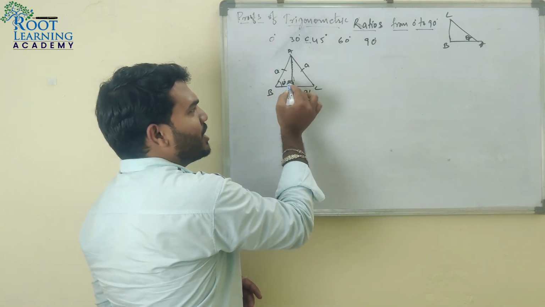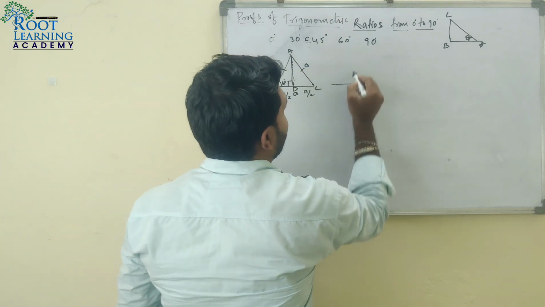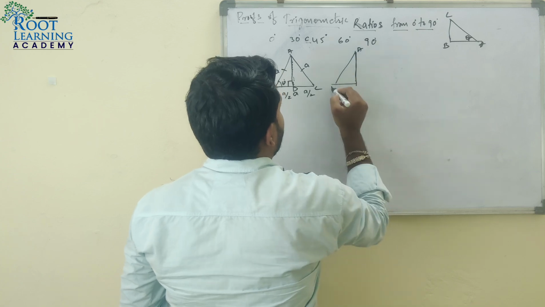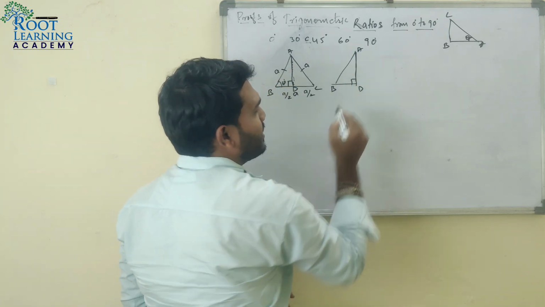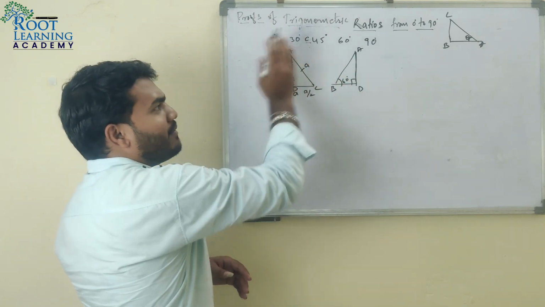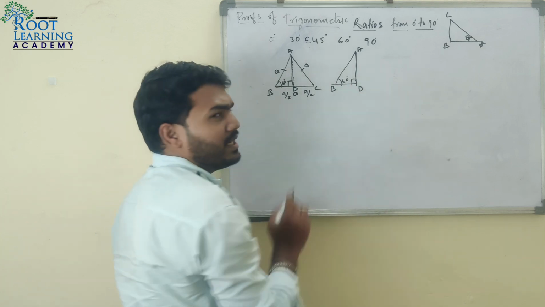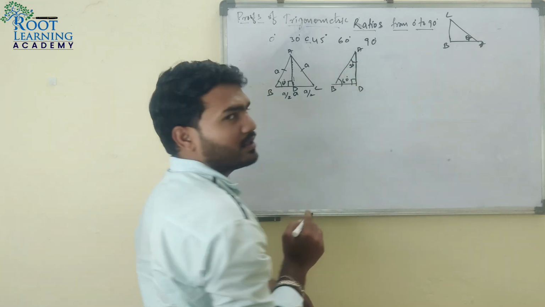See, I am drawing here, A, B and D. Now this is a right angle. This is 60 degrees because it is one of the angles from the equilateral triangle. 60 plus 90, 150, and remaining is what? 30 degrees. That is 180.